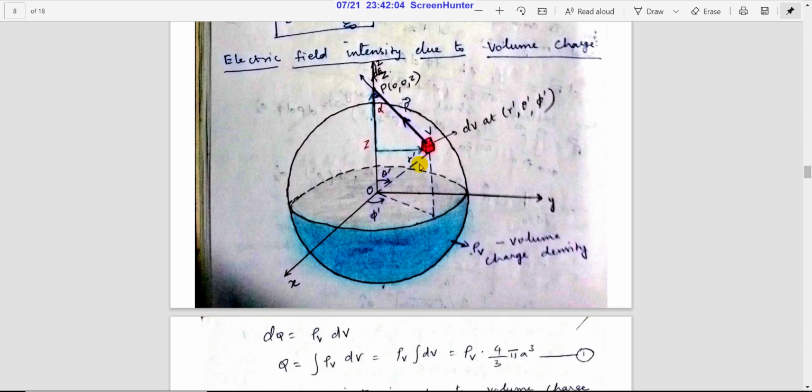We had drawn this as R dash, the distance from the origin to that particular point, which is the sphere's radius. This particular distance is called Z, from the origin to the particular point, and this particular vector is R.